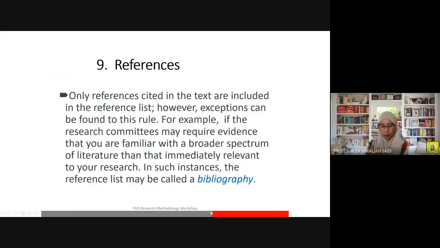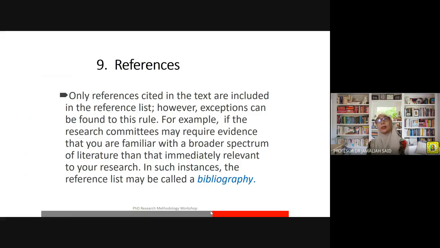Reference number one, make sure you have recent references. What I mean by recent, now it is 2020. I really want you to have at least a few articles from 2019, at least 2018. Avoid having very old articles, unless the reference is highly cited.